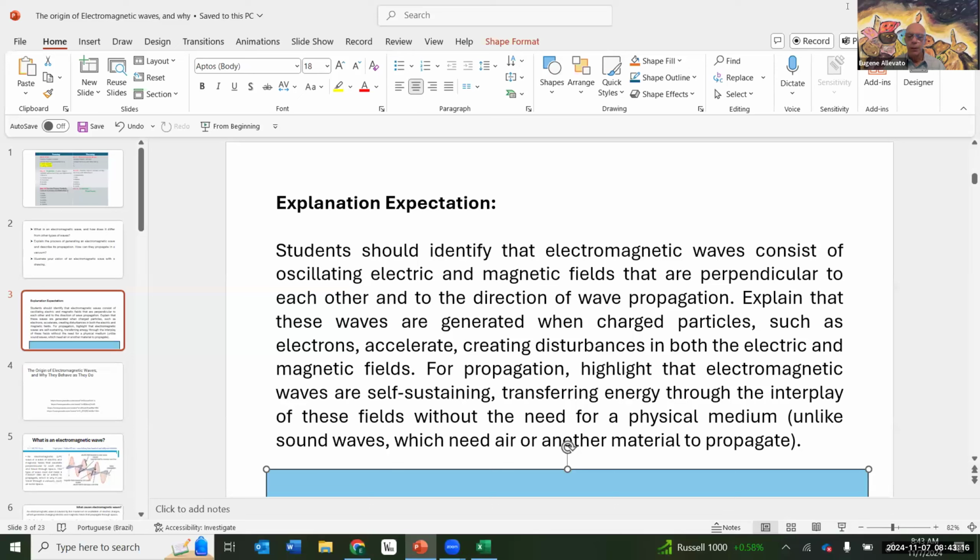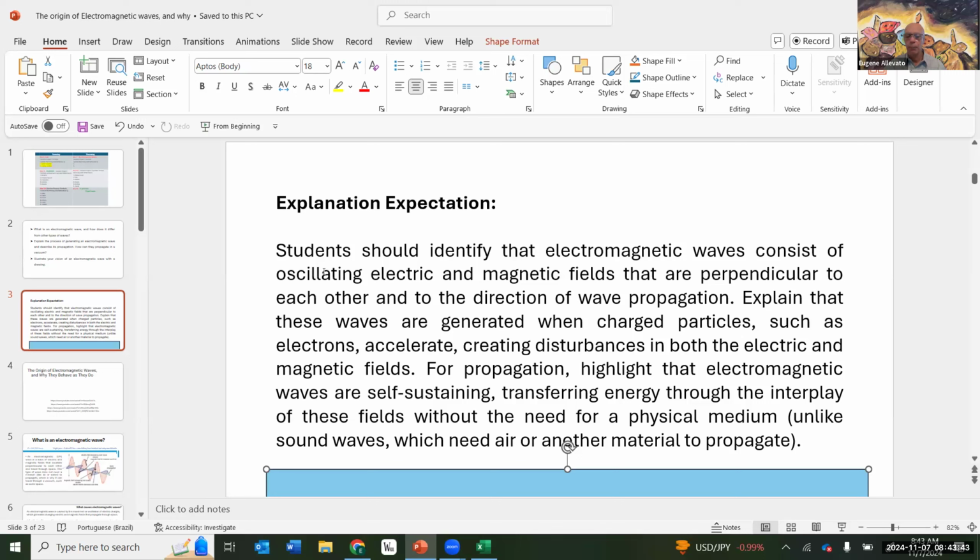The first thing is that it is connected to this oscillating electric and magnetic field because it is the effect of a charge moving up and down, right? If the charge is not moving, then there is no electromagnetic wave. If a charge is not moving, there is only an electric field there.